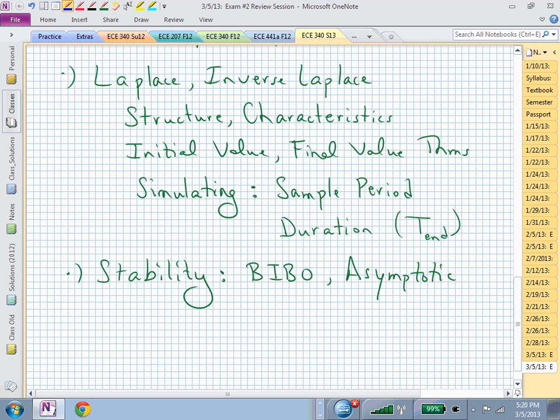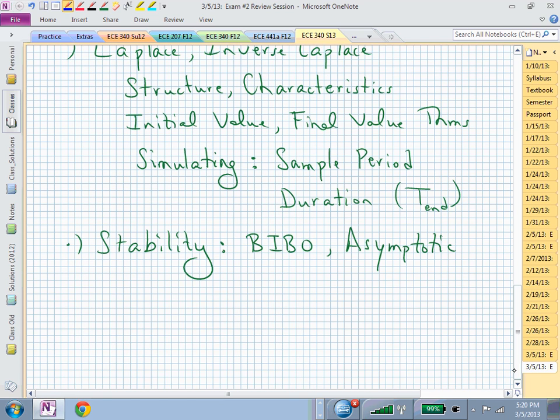If you now have an expression or a transform based on those pole locations or based on those forms or the structure of the little y of t, can you now tell me how fine you need to sample and how long of a time window or time horizon you should be running that simulation for? So how fast and how long? What's the sample period and what's the duration, or capital T sub n?